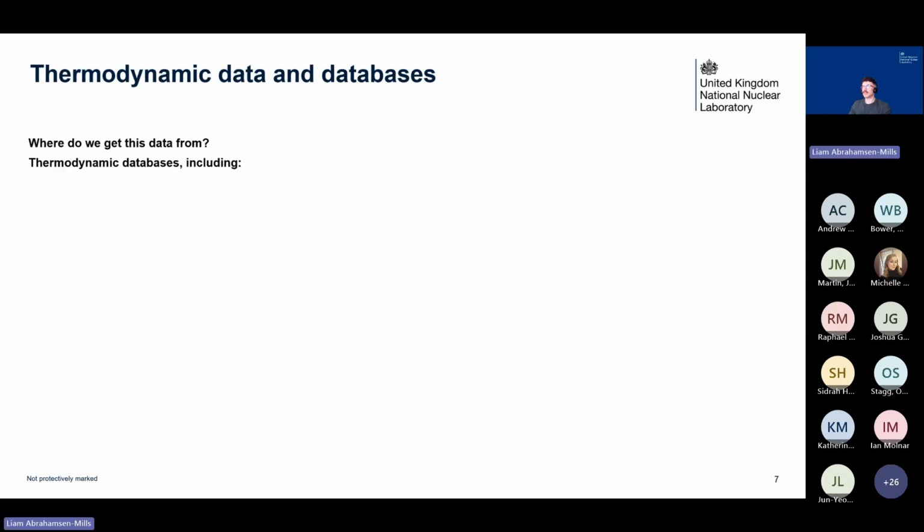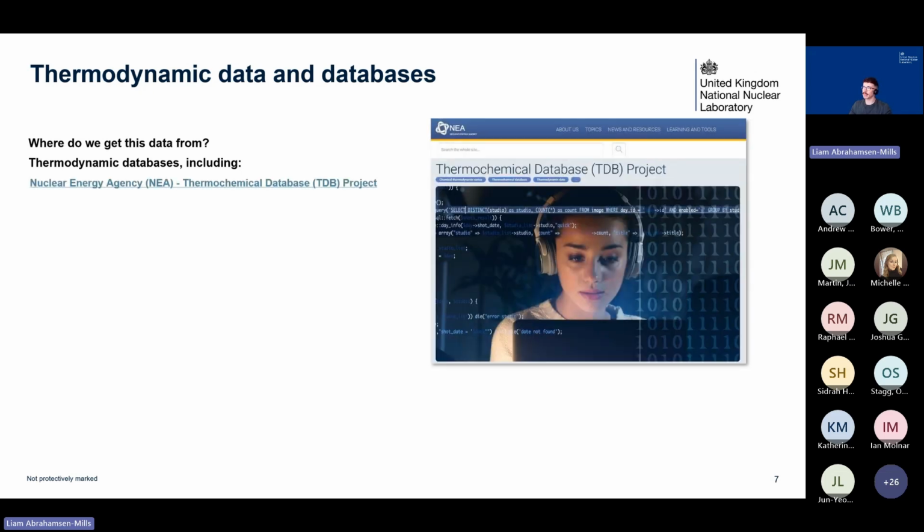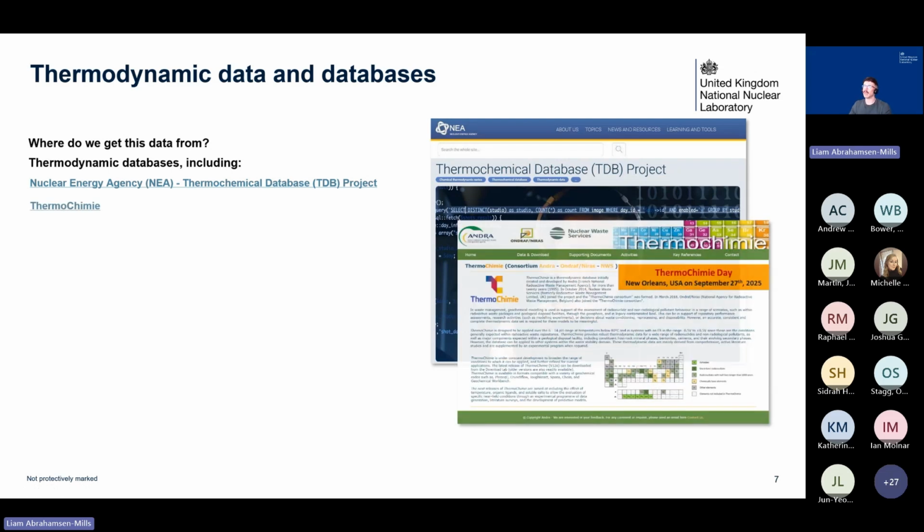So where do we get this data from? We can't just use that one particular equilibrium constant. We need to know many, many more, and we can use thermodynamic databases. There are many out there that are freely available. The Nuclear Energy Agency distributes their own database, and they have a very significant ongoing project to review and compile data.